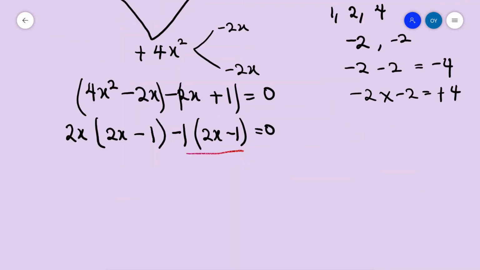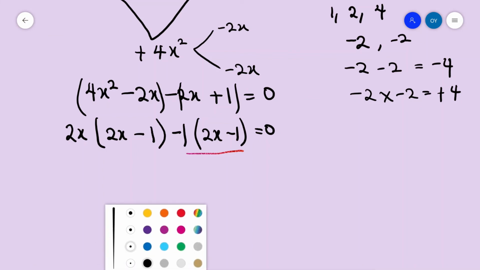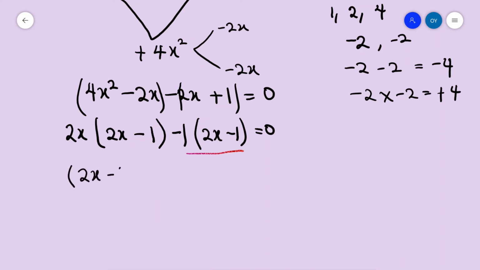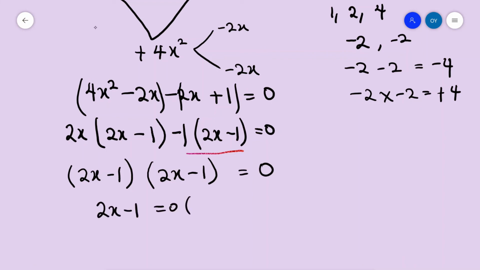We have negative 1 times 2x, we have negative 2x, and negative 1 times negative 1, we have positive 1. So now what's common here is 2x minus 1, then 2x minus 1 equal 0. It means 2x minus 1 equals 0 twice.